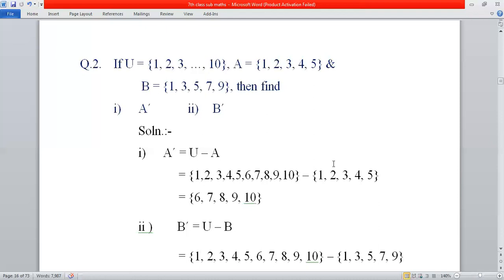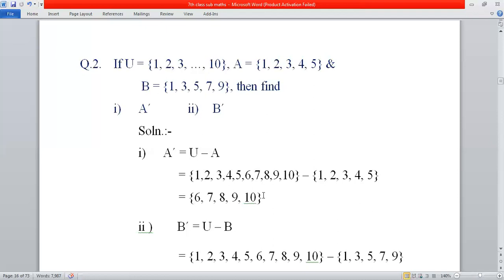So 1 is present in the second set, it will be subtracted. 2 present in the second set, subtracted. 3 present in the second set, subtracted. 4 present in the second set, subtracted. 5 present in the second set, subtracted. So what is left in the universal set? 6, 7, 8, 9, 10.